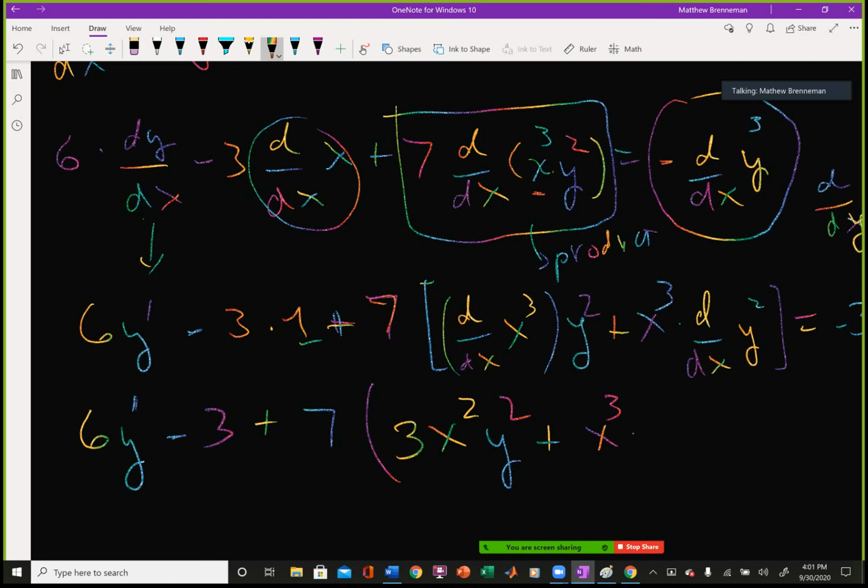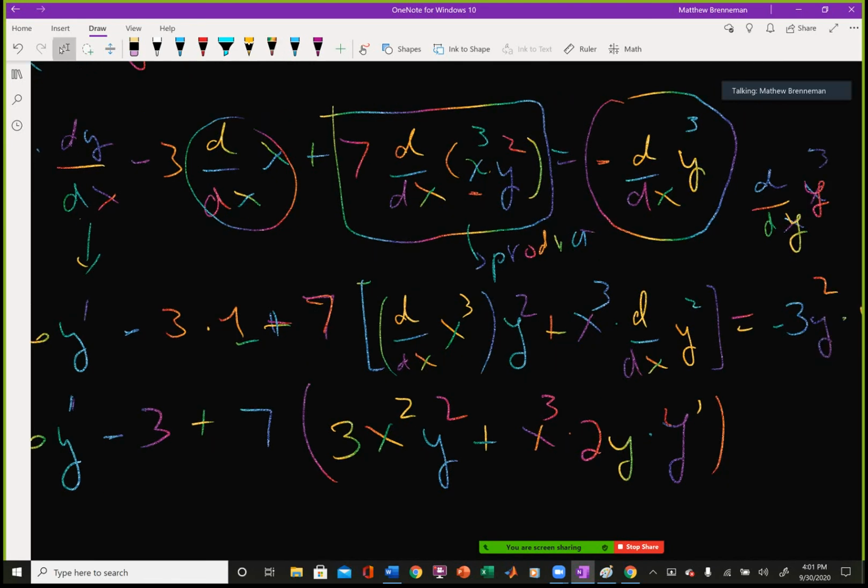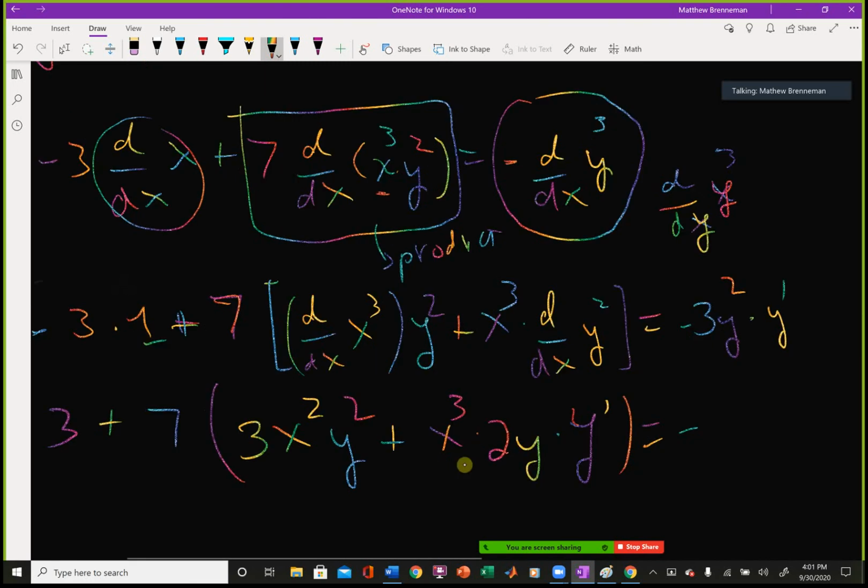First, I pretend like I'm taking the derivative with respect to y, so I get 2y. But then I say, oh wait, it wasn't with respect to y, it was with respect to x. And my little fudge factor here is y prime. And finally, I have this minus 3y squared y prime.